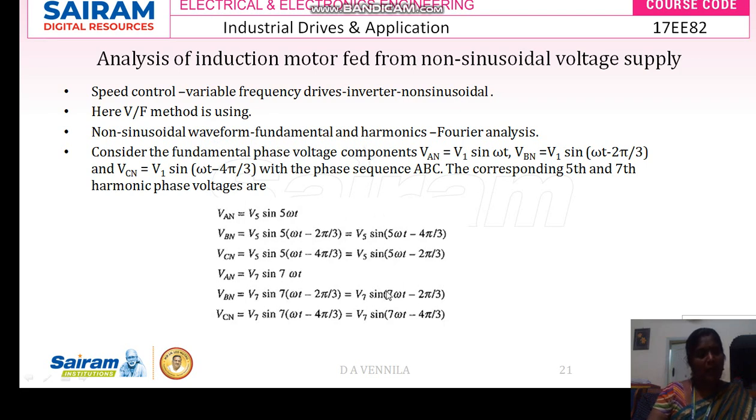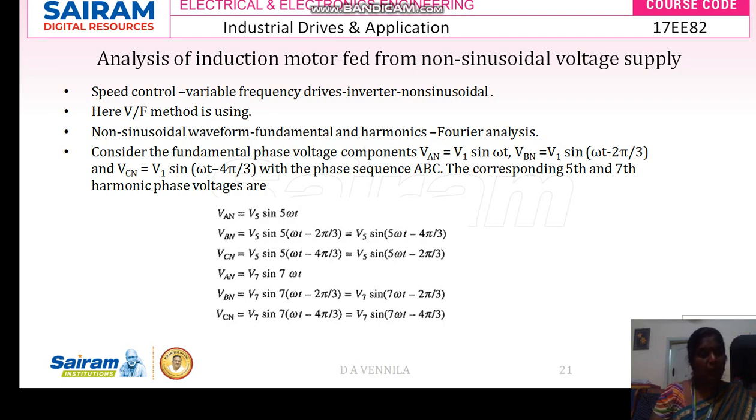Okay, and now here we can say your fifth order harmonics are negative order harmonics compared to the fundamental component. If you compare the fifth order harmonics with the fundamental component, the fifth order harmonics are the negative component and your seventh order harmonics are the positive component, because the seventh order harmonics are in phase with your fundamental component, so it is called a positive sequence component, and the fifth order harmonics are the negative sequence component.